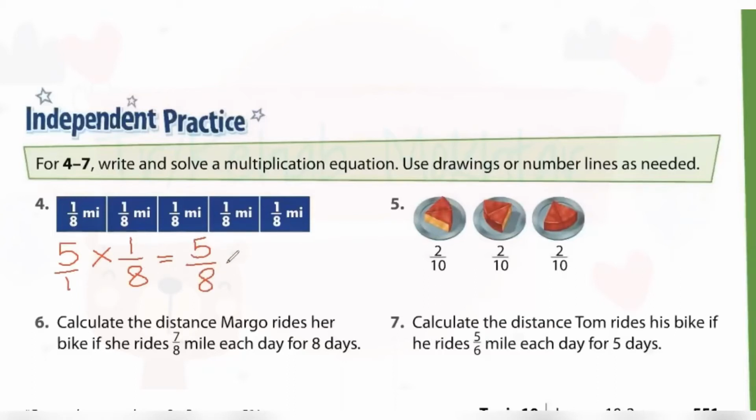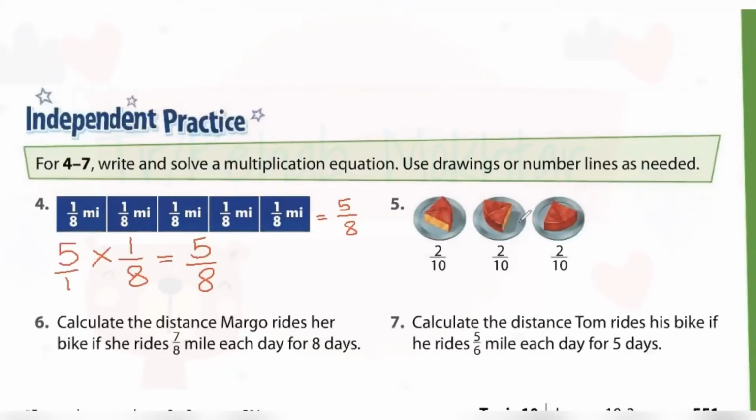It will be 5 out of 8. And here, if you use repeated addition, you will put the denominator as it is and start to add the numerators. 1 plus 1 is 2, 1 more is 3, 1 more is 4, and 1 more is 5. The same result.